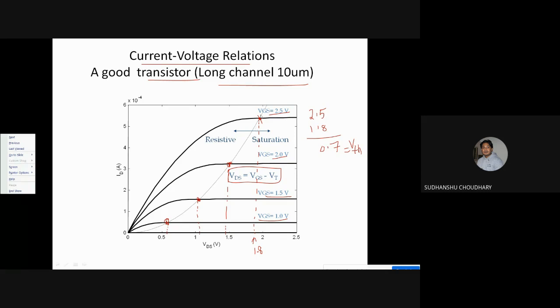The region to the left of the red dots is called the linear region or resistive region, where the current increases linearly. To the right of these red dots, the region is called the saturation region because the current becomes constant, or saturated. So this is the current-voltage characteristic of an N-channel MOSFET.